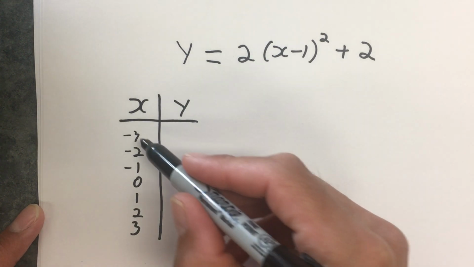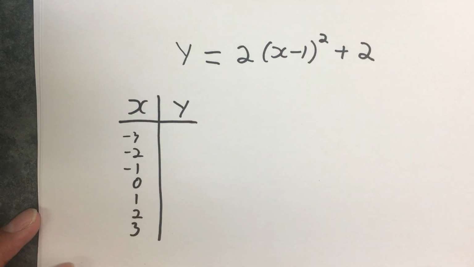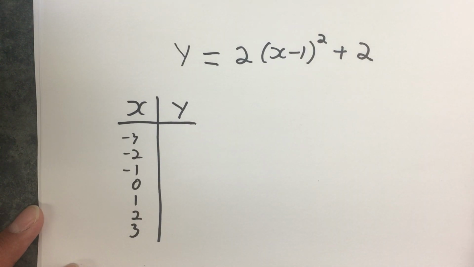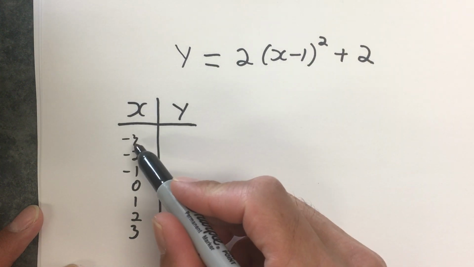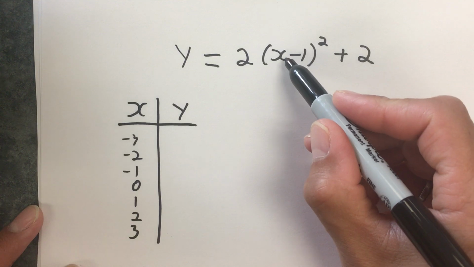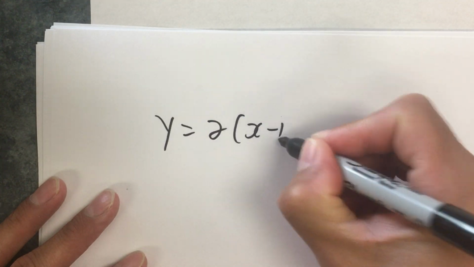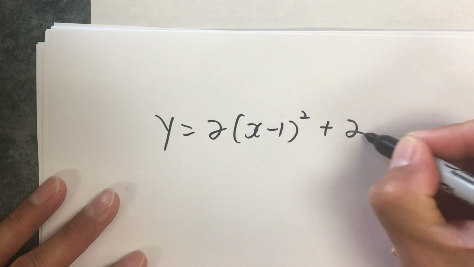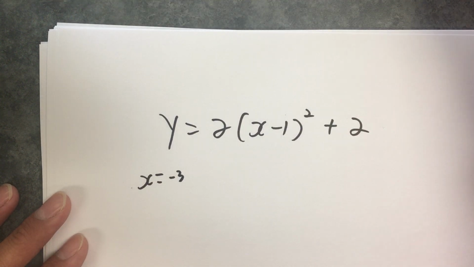And then one at a time, I'm going to put these values into this function to determine the y value. I'll do that slowly on a separate sheet of paper to clarify how to do it. So I'm going to put in a -3 in place of x. Remember, I have y is equal to 2(x minus 1) squared plus 2, and I'm putting in x equals -3.